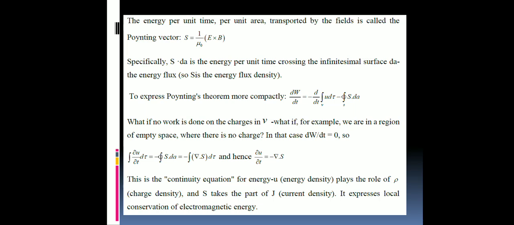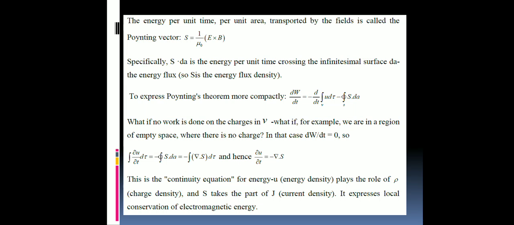u plays the role of rho, the charge density, and S takes the part of J, the current density. It expresses local conservation of electromagnetic energy. In general, electromagnetic energy by itself is not conserved.